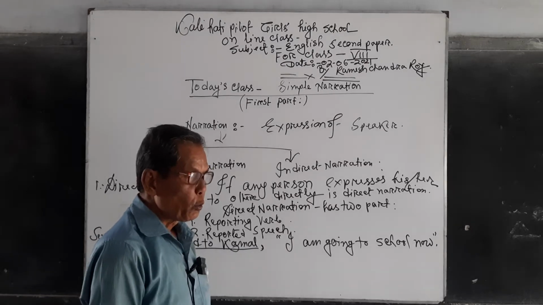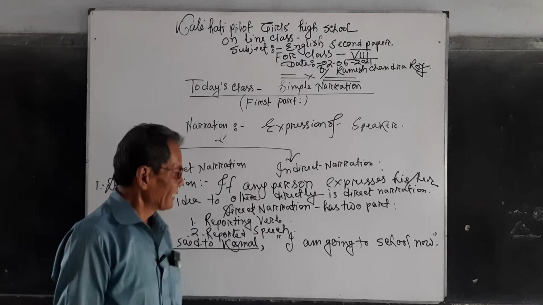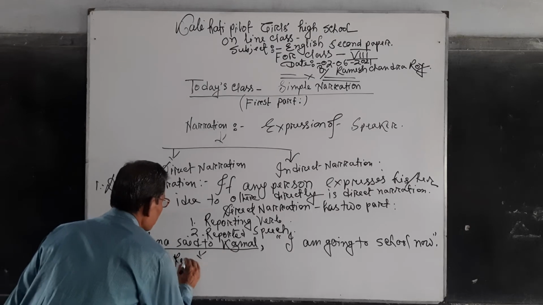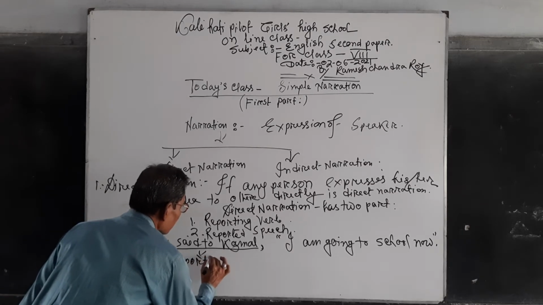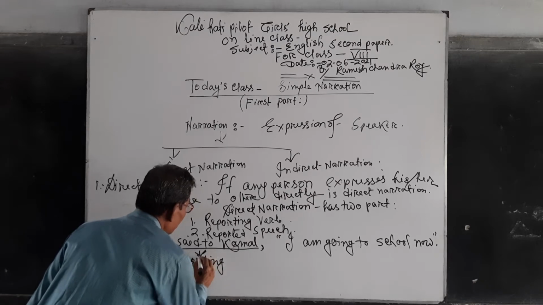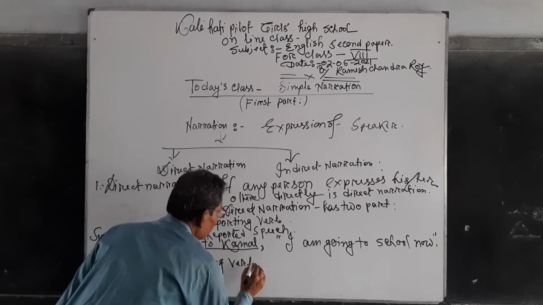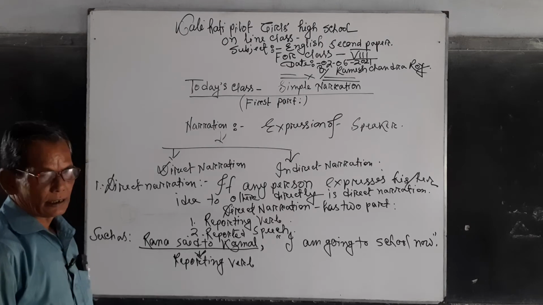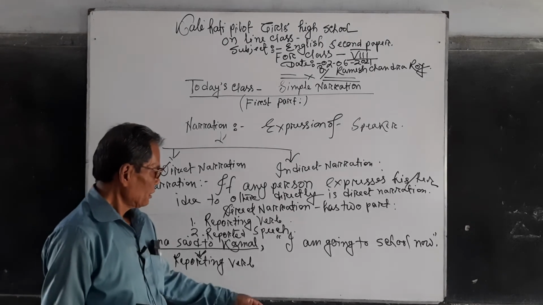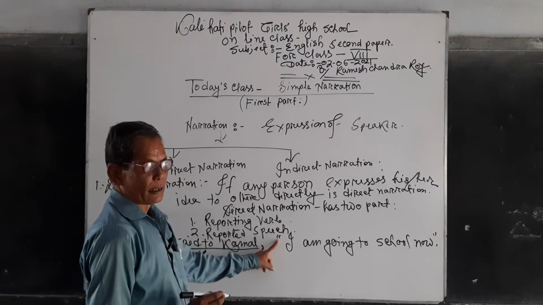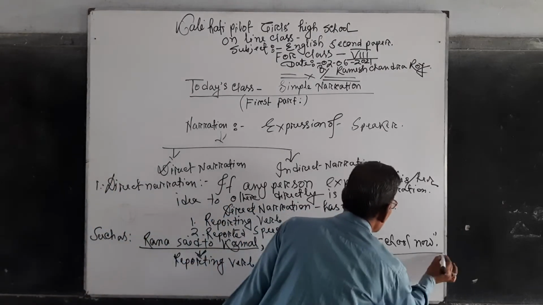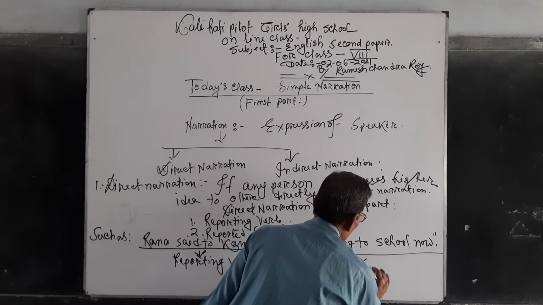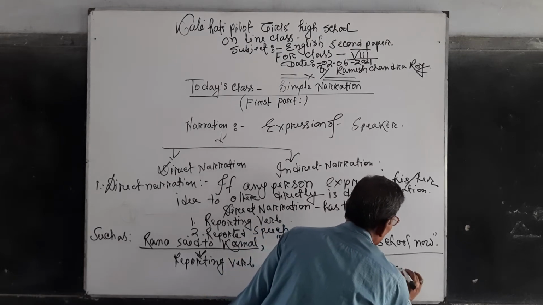Then we can say that the part which is followed by a comma is the reporting verb, and the part which is covered with inverted commas is the reported speech.